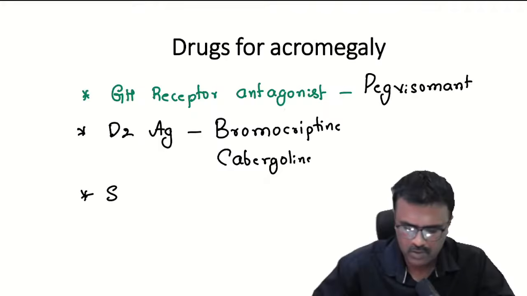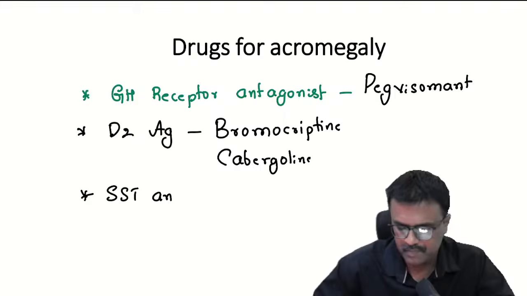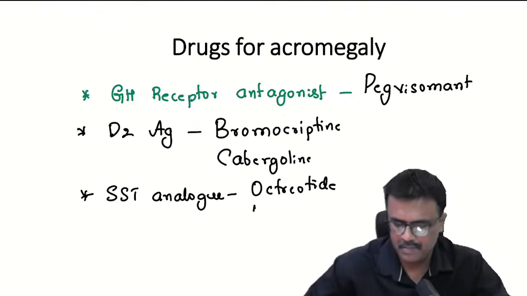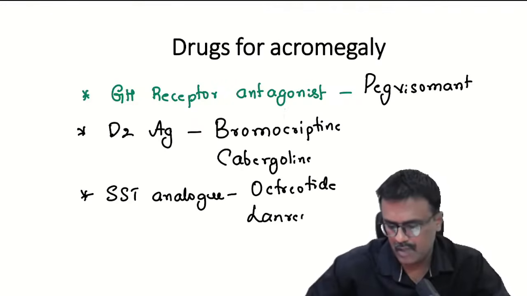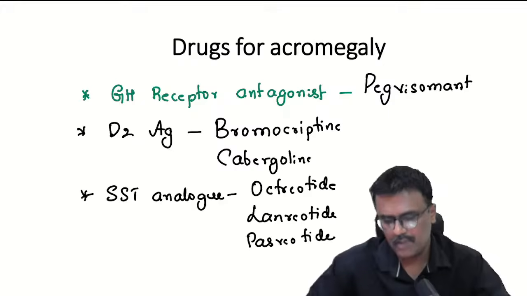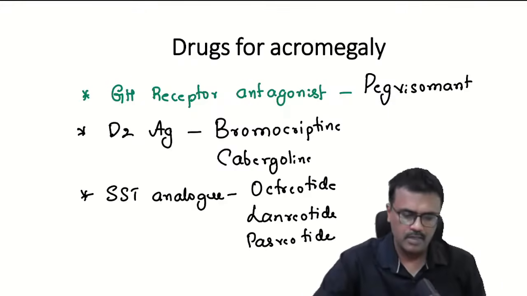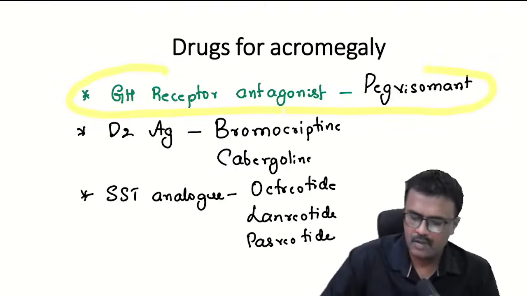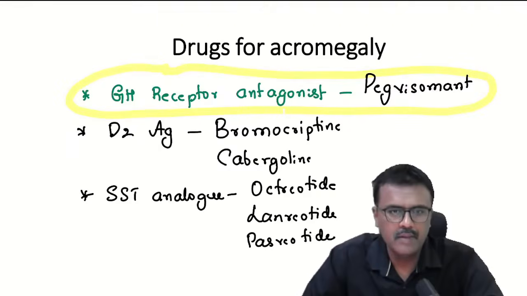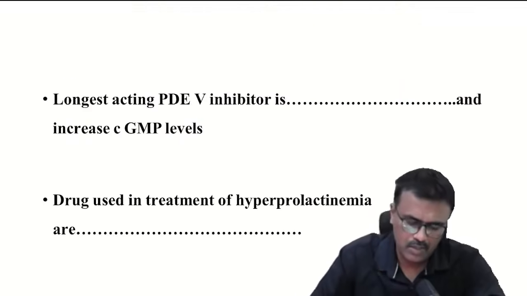Then the last one, we have somatostatin analogs: octreotide, then lanreotide, pasireotide. So these are the drugs for acromegaly. In a recent exam, pegvisomant was tested. Okay, now moving on to the next one.